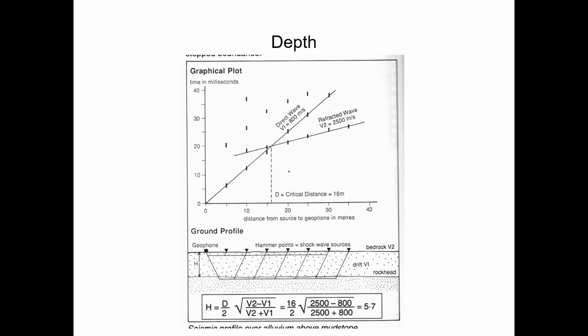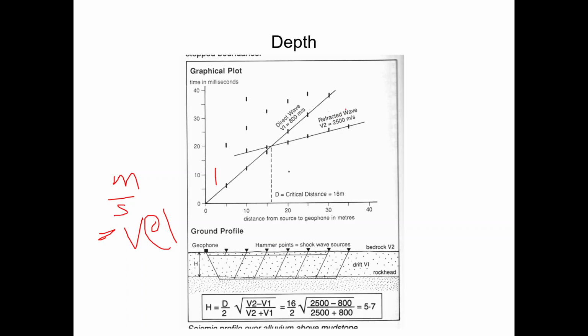So based on that, we can calculate the velocity, since we have the distance in meters, and then we can get the time of arrivals in milliseconds. So we can get the velocity of this material, in the first layer or in the second layer.